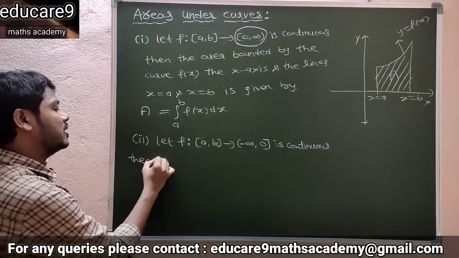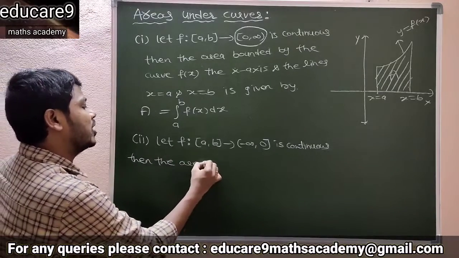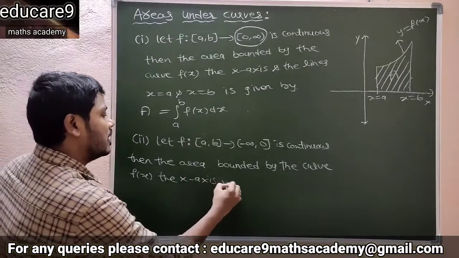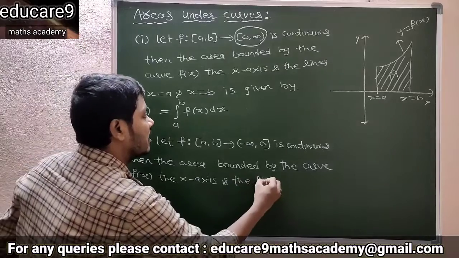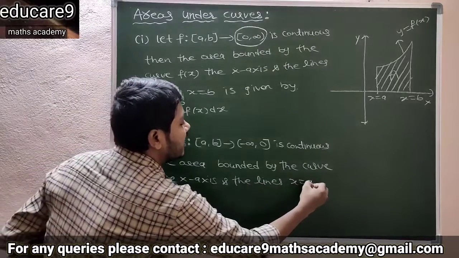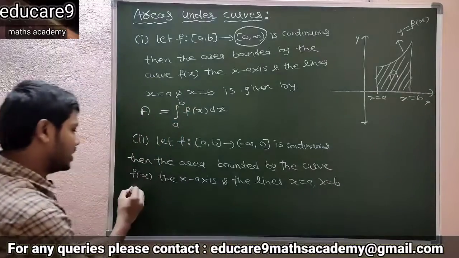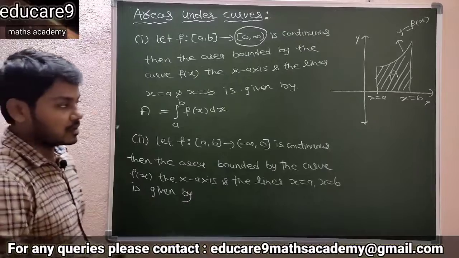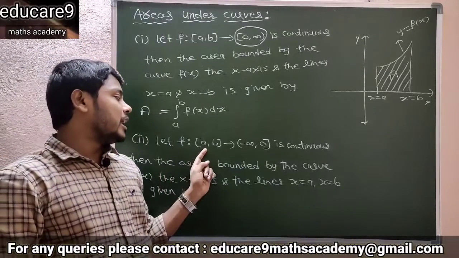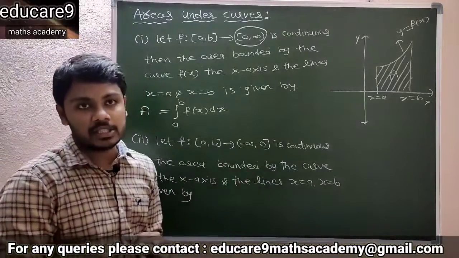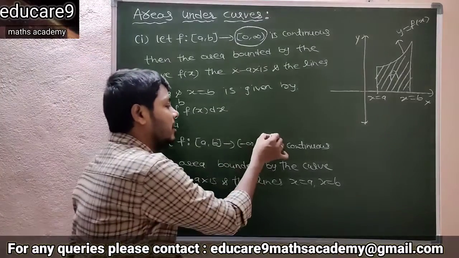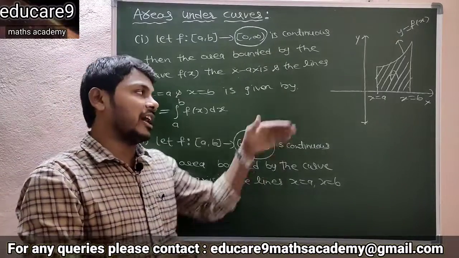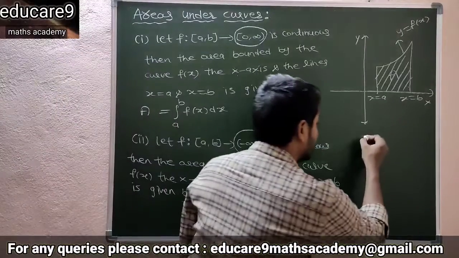Then the area bounded by the curve f of x, the x-axis and the lines x equals a, x equals b is given by... Here the codomain values are negative values. So in that case the graph lies below the x-axis.